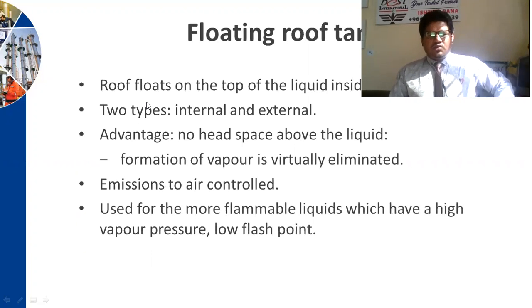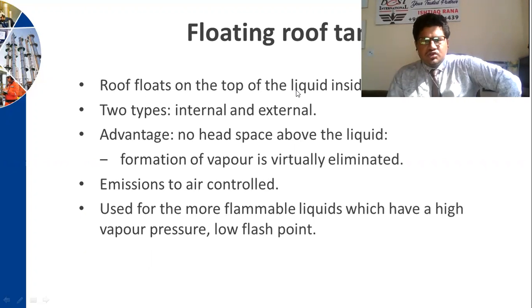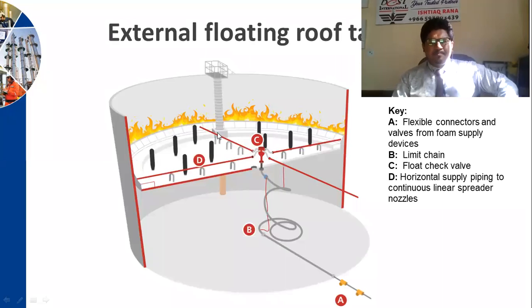Floating roof tanks also exist, where the roof floats on top of the liquid inside the tank. There are two types, internal and external. The advantage is that in the head space above the liquid, formation of vapor is virtually eliminated. Emissions to air are controlled. It is used for the more flammable liquids, which have a high vapor pressure and low flash point.